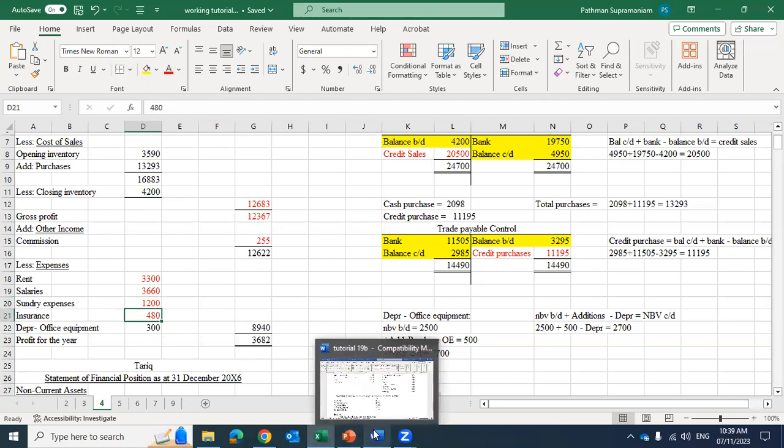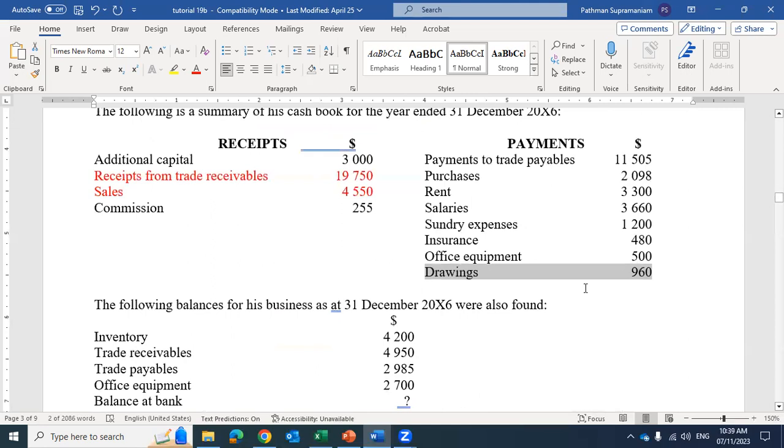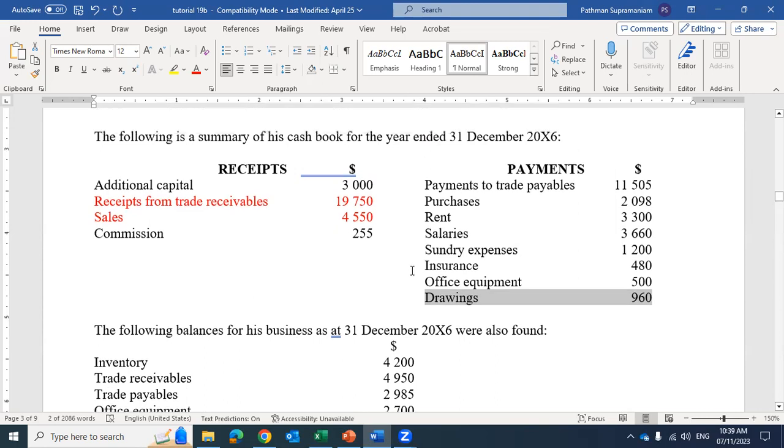Okay, now, not forgetting, we cannot take office equipment because that's a capital expenditure, that's not an expense. Neither can we take drawing because that goes to the SOFP. Now, there could be some non-cash expenses, and the most common one that we have learned is depreciation. As long as you have non-current assets, you need to look out for depreciation.